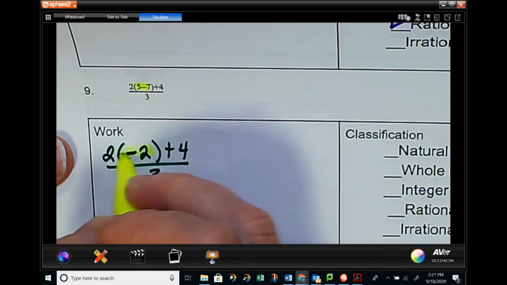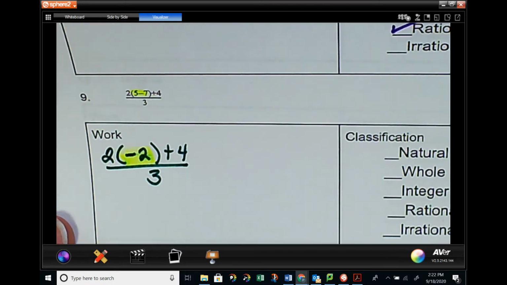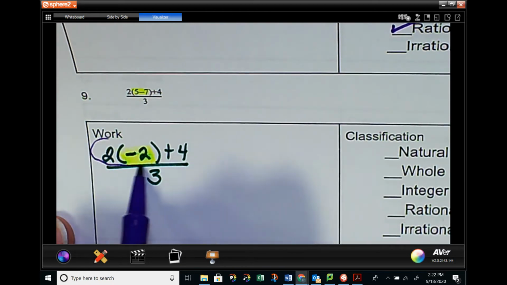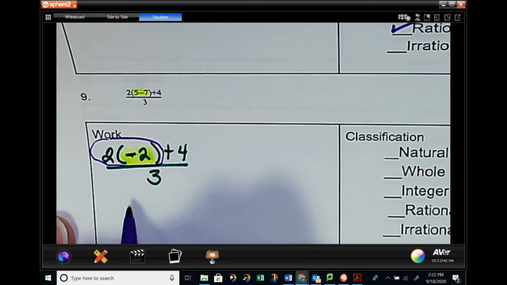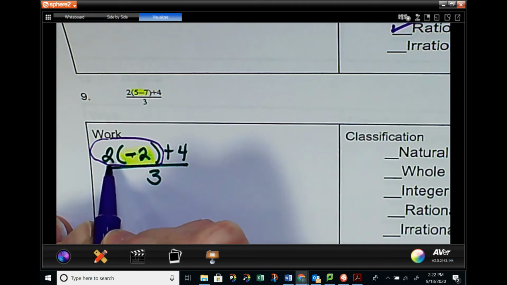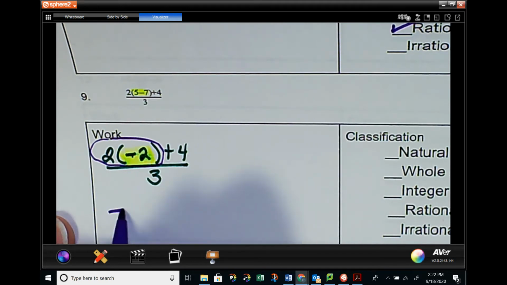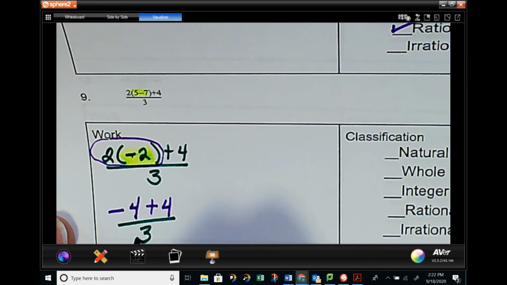Again, that's the part that I did, the parentheses. And then PEMDAS says that I'm going to do multiplication first. So 2 times 4, slow down. 2 times negative 2 is negative 4. Plus 4, and now we're going to divide by 3.